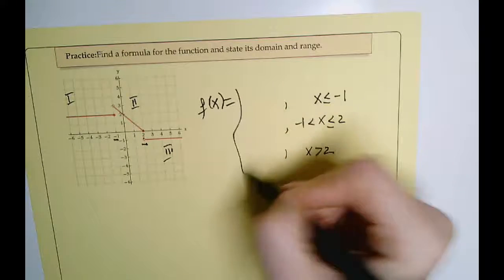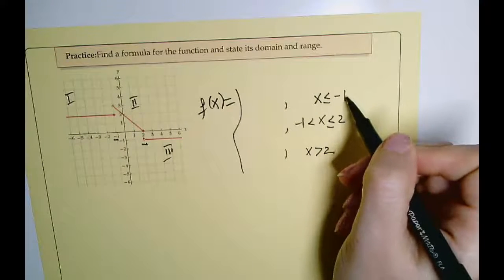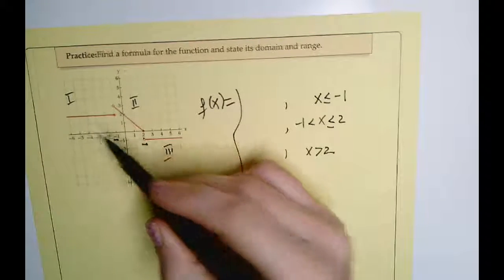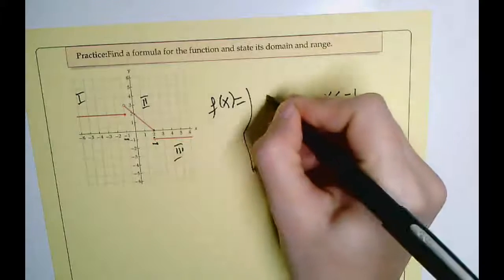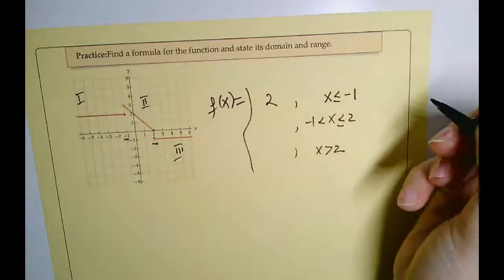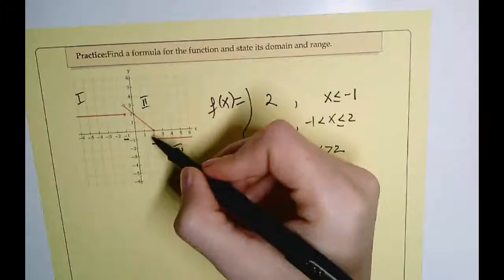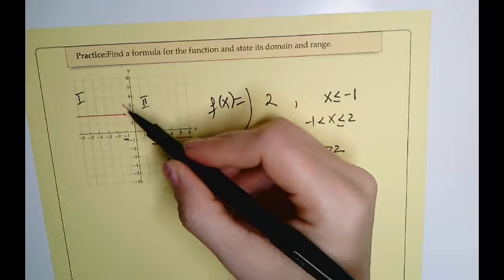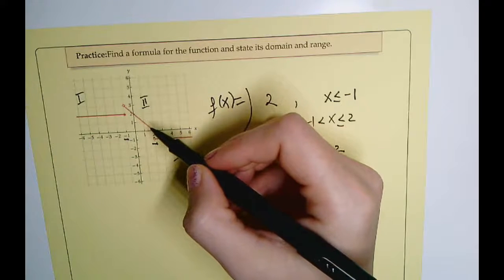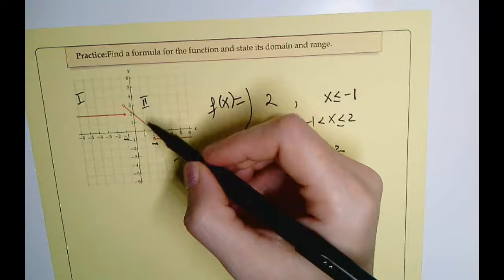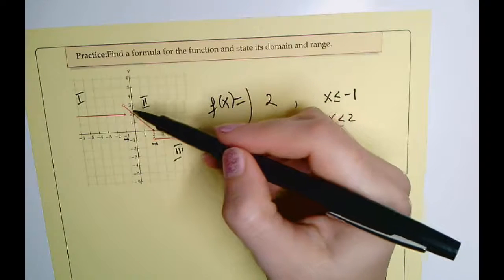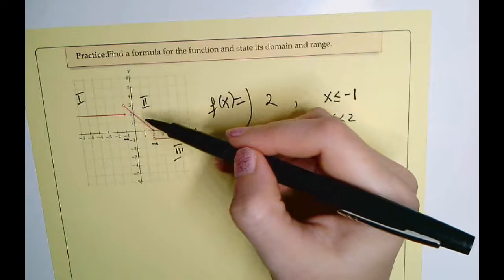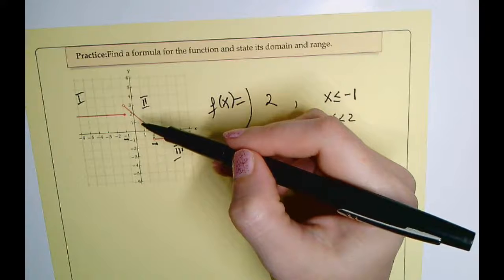Okay, so what is the function when x is less than -1? Well, it's just a horizontal line that would have the intercept at 2, so it's just y equals 2. What about between -1 and 2? It's a line. Well, what is its slope and what is its y-intercept? The y-intercept is 2, and the slope will be, if I go down 1 and to the right 1, so the slope is -1.